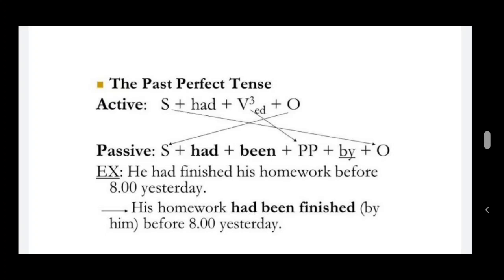Example: "He had finished his homework before 8 o'clock yesterday." "His homework had been finished by him before 8 o'clock yesterday." Here he should be changed into him, and his homework is the object, which should be brought to the front. "Had been" is the helping verb, and "by" is the preposition here.